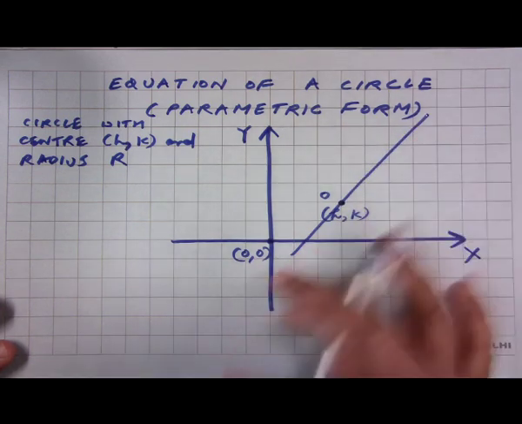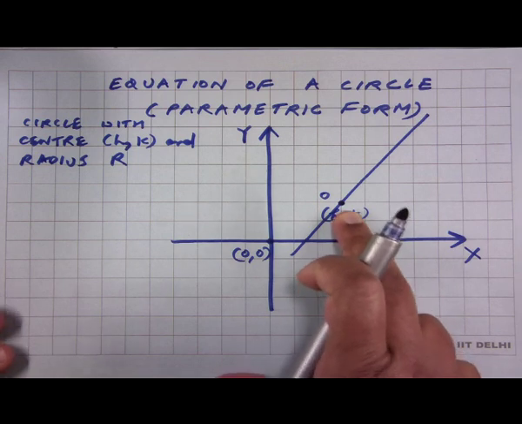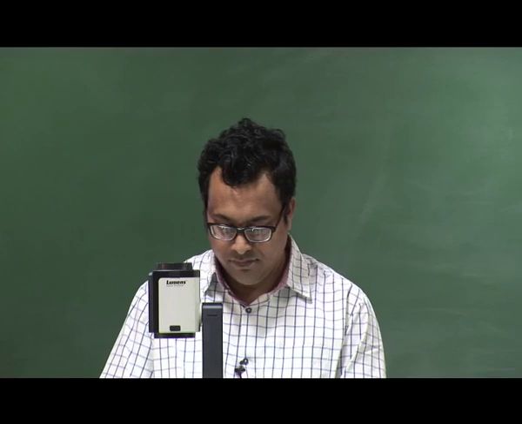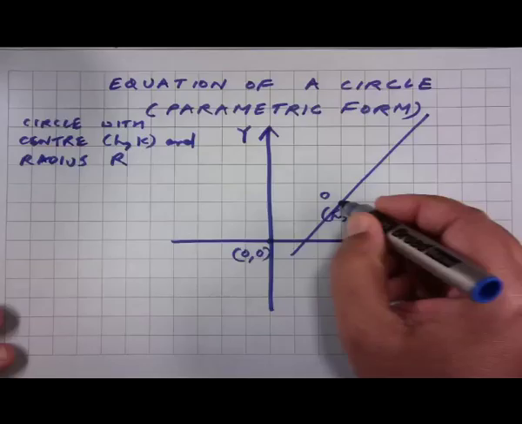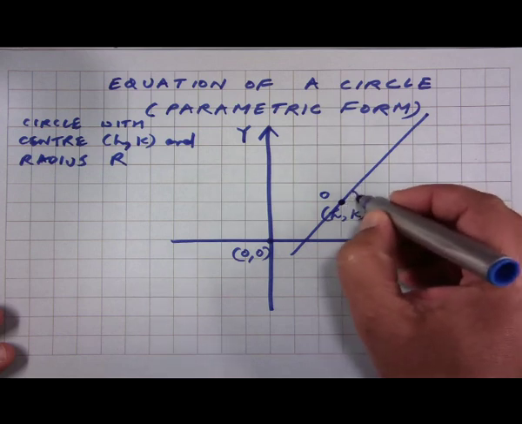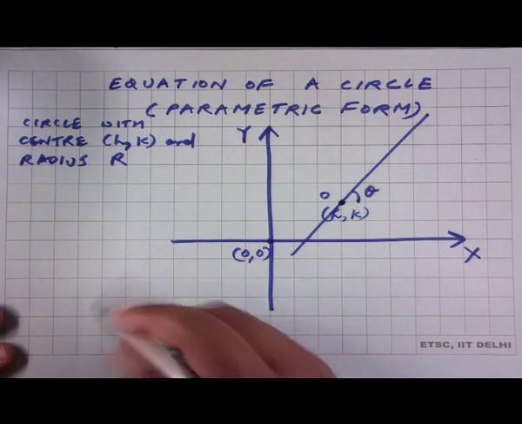this line, which of course passes through the center of the circle (h, k), and let this straight line make an angle of theta with the x axis.